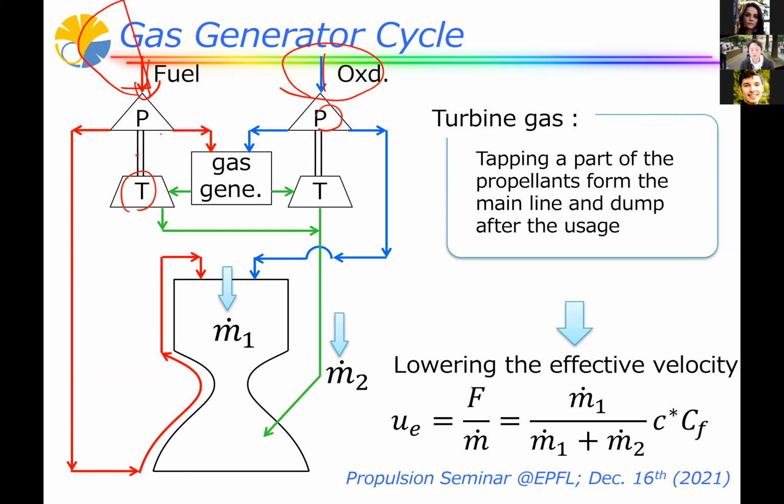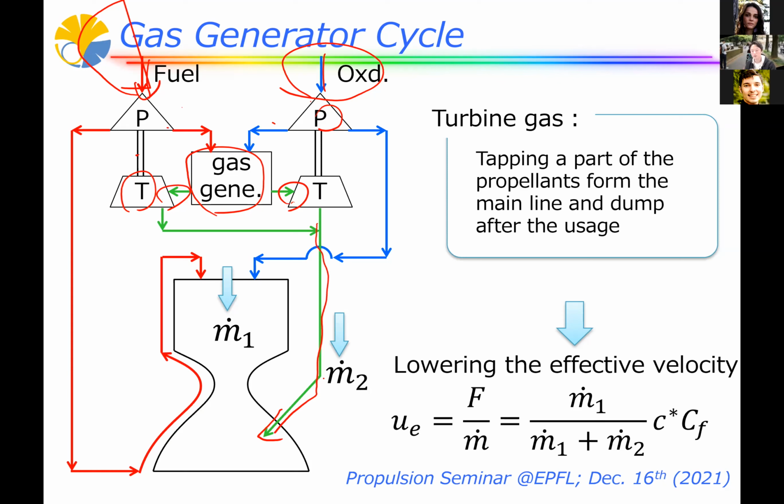So this concept is very simple. So a tiny amount of fuel and oxidizer are extracted from the pump, and they are combusted inside the gas generator. And this gas is used to drive the turbine here and here. And after that, this gas is dumped like this.